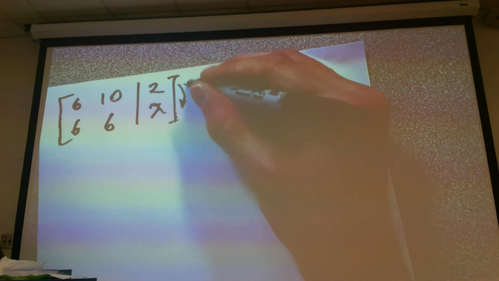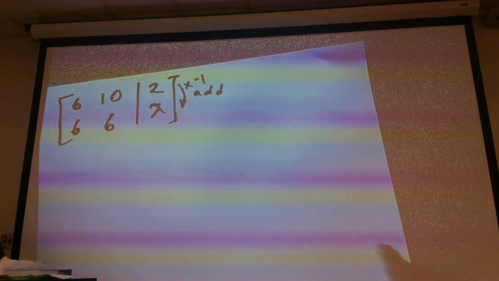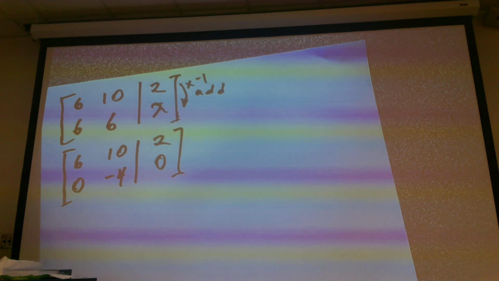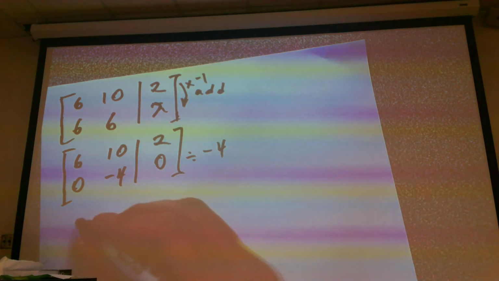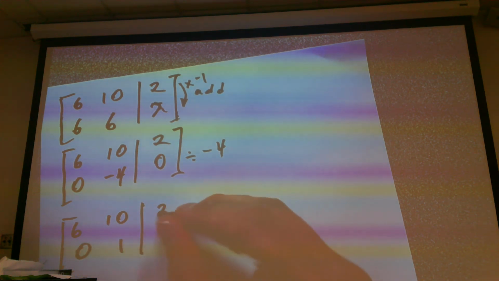We take the top row, multiply by -1, and add. That's going to give me 6, 10, 0, -4, 2, 0. Let's just divide by -4: 6, 10, 0, 1, 2, 0.